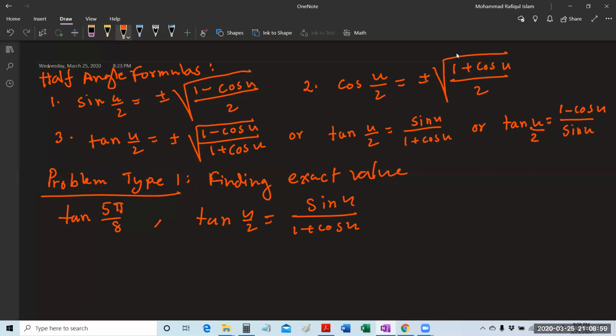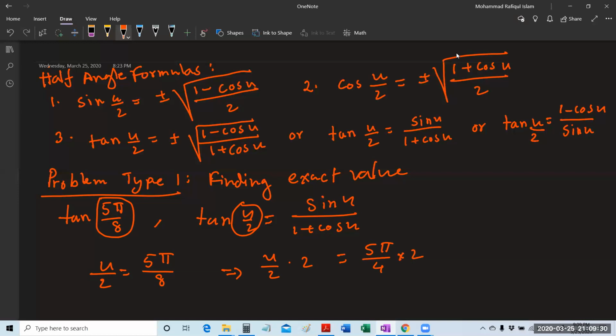However, here we must compare this u by 2 with the given angle 5 pi over 8. So if we equate those two, u by 2 equals 5 pi over 8. Then if we multiply both sides by 2, u by 2 times 2 equals 5 pi over 8 times 2.